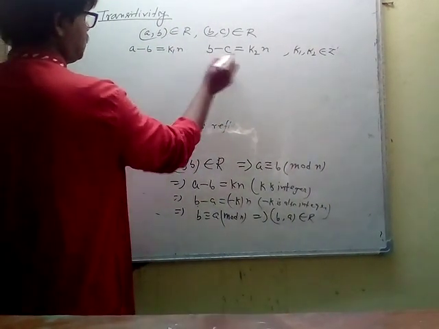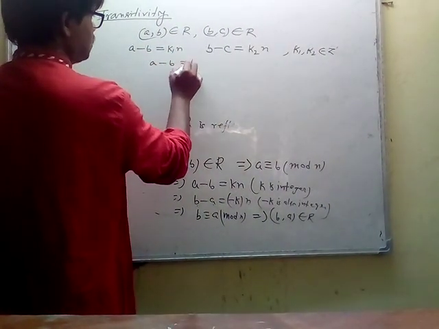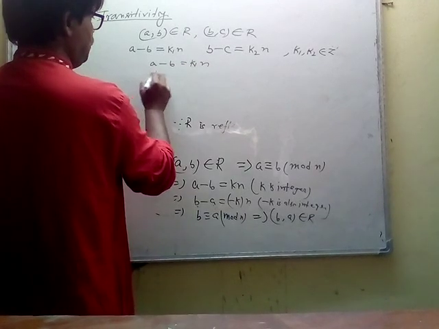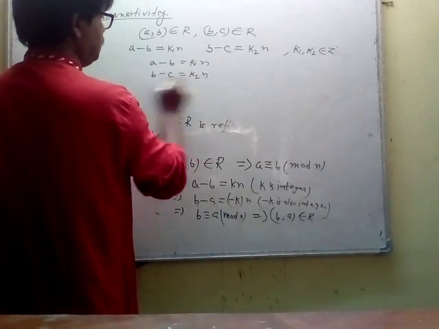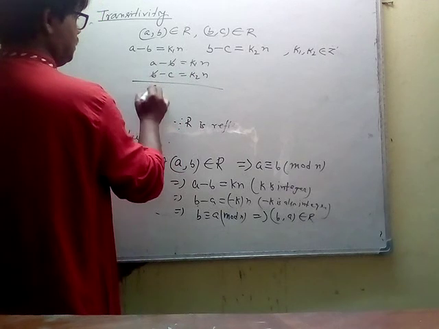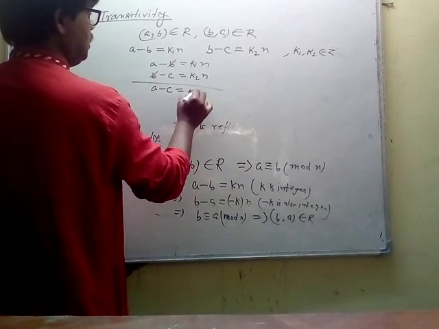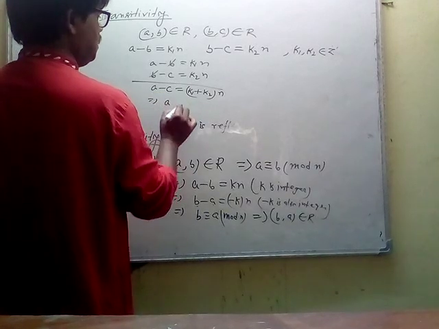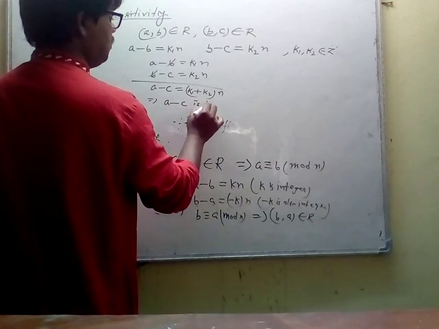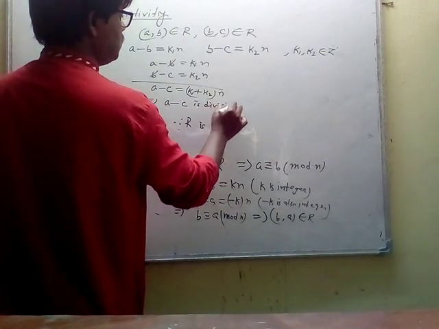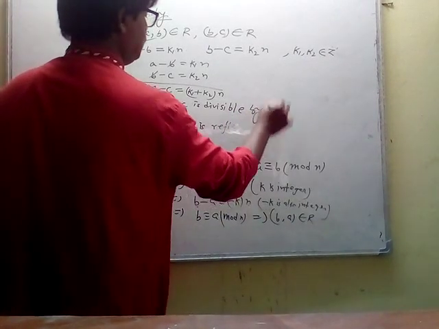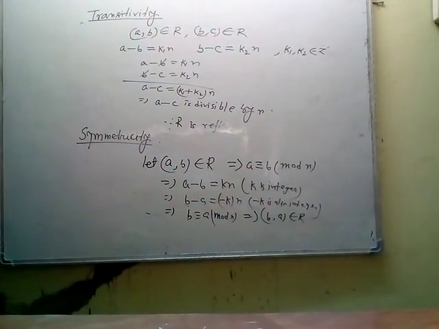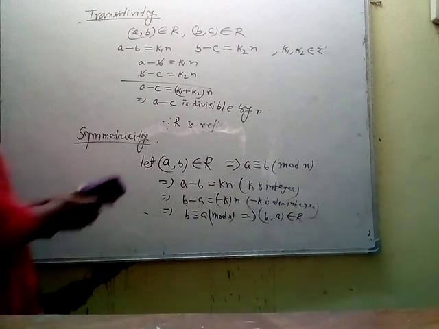Now if we add these two, a minus b equals k1 n and b minus c equals k2 n, the plus and minus b cancel, then a minus c equals (k1 plus k2) n. This implies a minus c is divisible by n. That is, a is congruent to c modulo n.